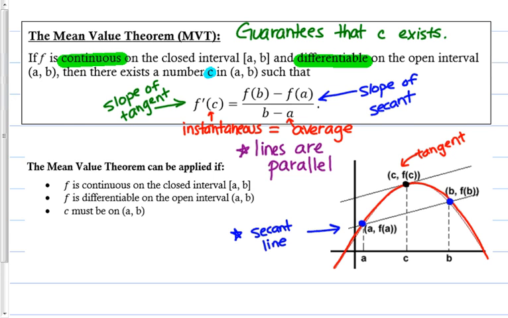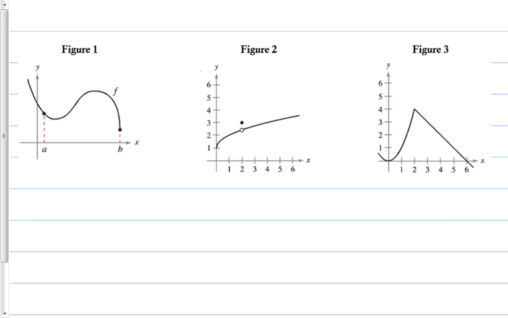Okay, so now we're going to look at these pictures. Here I have three figures here. And on figure 1, as you can see, I have endpoints A and B. Now the idea would be that if I were to make a line from A to B, such as that, somewhere on this graph, because it is continuous from A to B, and there aren't any issues like no discontinuities, no sharp turns, no cusps, none of that, it is differentiable.